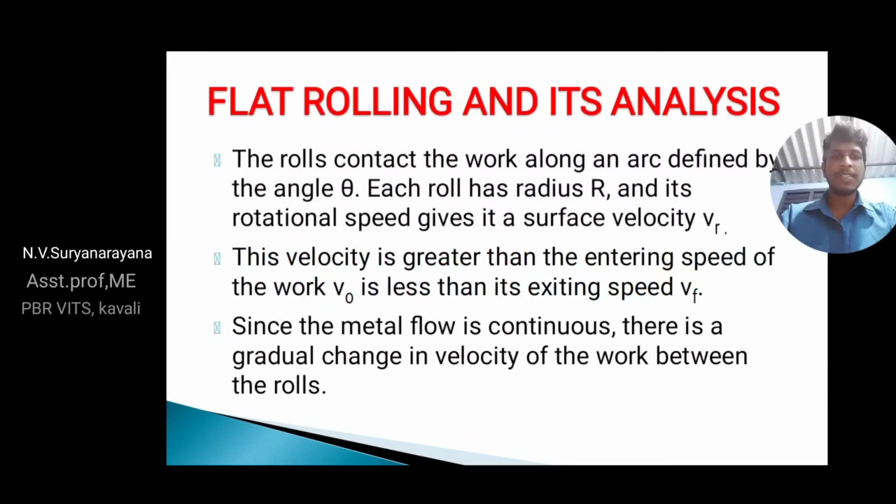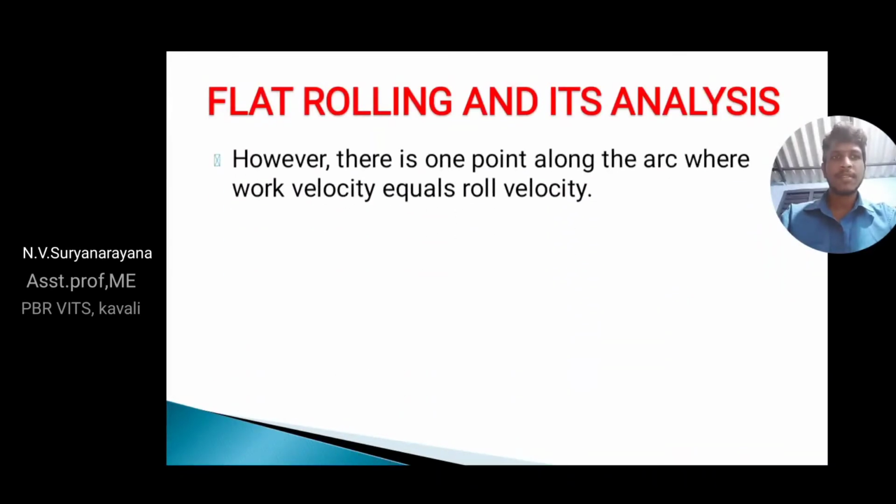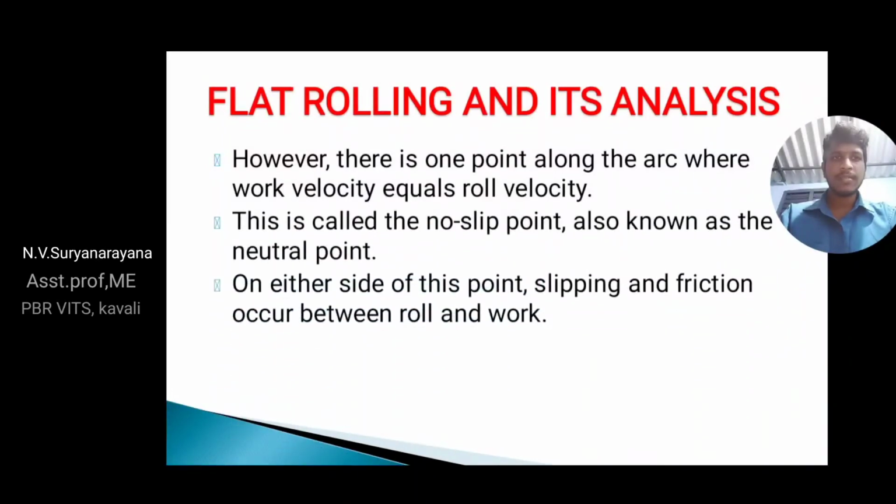Since the metal flow is continuous, there is a gradual change in velocity of the work between the rolls. However, there is one point along the arc where the work velocity equals the roll velocity, that is V0 equals roll velocity Vr. That point is known as the no slip point. On either side of this point, slipping and friction occur between roll and work.